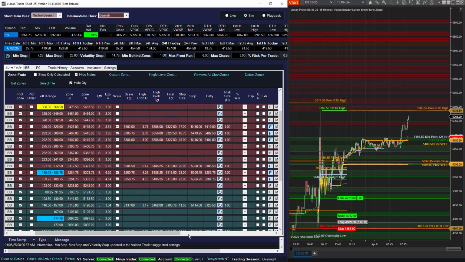And of course, if I happen to get a better price, then I might get a better entry and better reward to risk. But even at 5283.75 and 5306.5, the market is providing decent enough reward to risk, and the targets are quite conservative. So we'll wrap up with that.